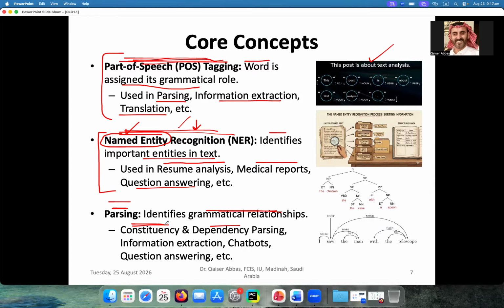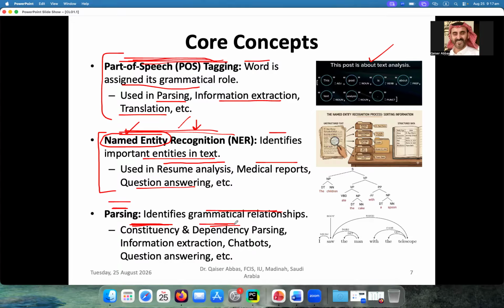We can call the phrase by another name, constituent. So constituent and phrase are the same thing.